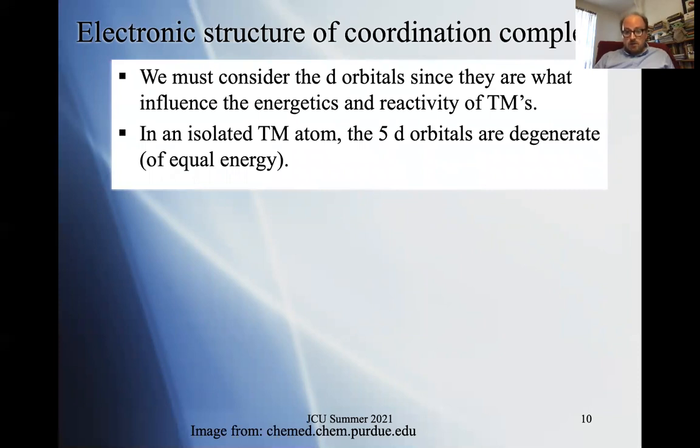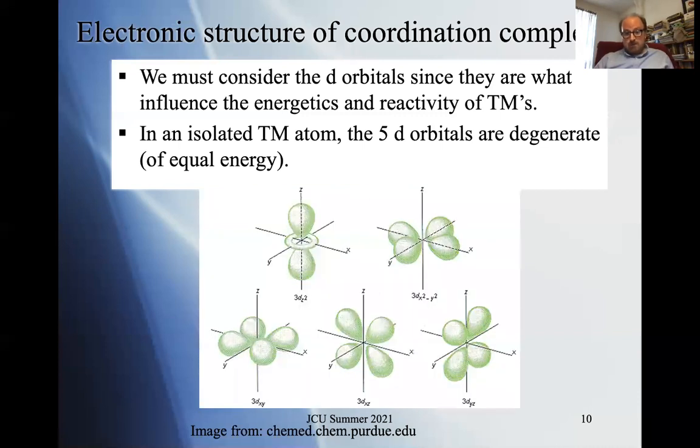The d orbitals are degenerate, meaning they are of equal energy in an isolated transition metal atom or ion. If we have a transition metal atom in a vacuum, which is a hypothetical scenario, the orbitals are equal in energy. For the 3d orbitals, this is what they look like.